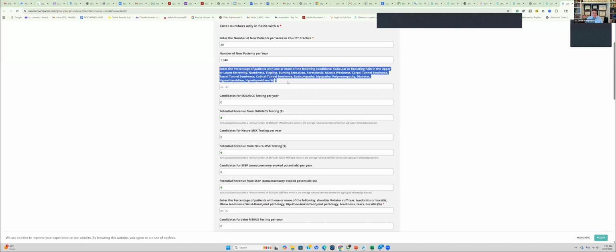You need to enter the percentage of those new patients that you estimate have one or more of the following conditions. Do they have a radiculopathy? Do they have radiating pain in the upper or lower extremity, numbness, tingling, burning sensation, any paresthesia, muscle weakness, or any diagnosis such as carpal tunnel, tarsal tunnel, cubital tunnel, radiculopathy, polyneuropathy, diabetes, hypothyroidism, and so on and so forth.